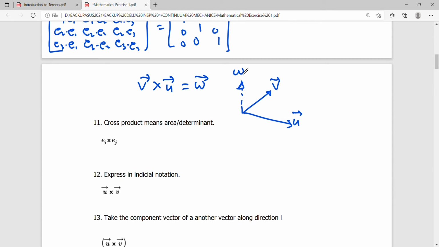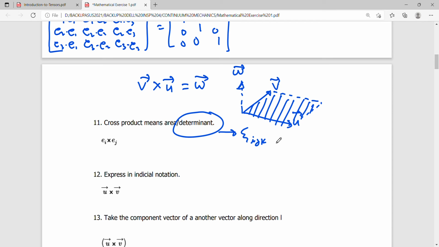This is the direction, and the magnitude of this vector is equal to the area of the parallelogram here. And this can be done using an area determination using a determinant. A determinant is represented by a permutation.